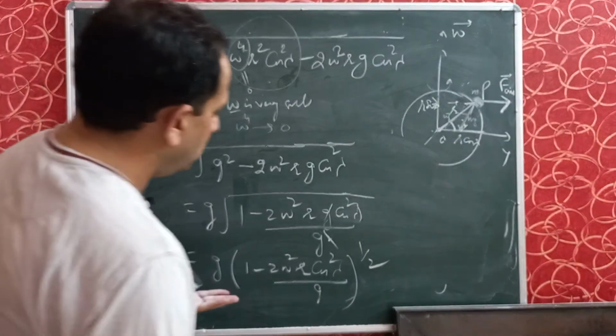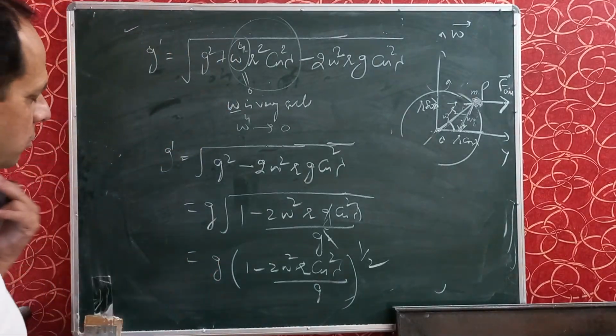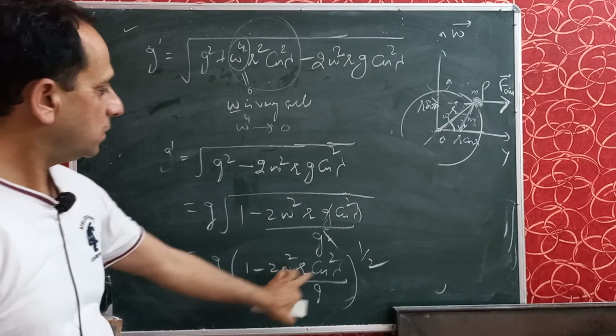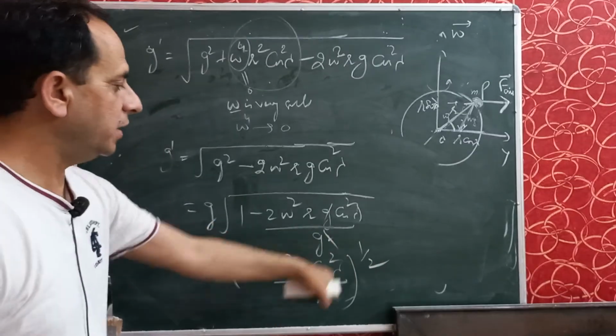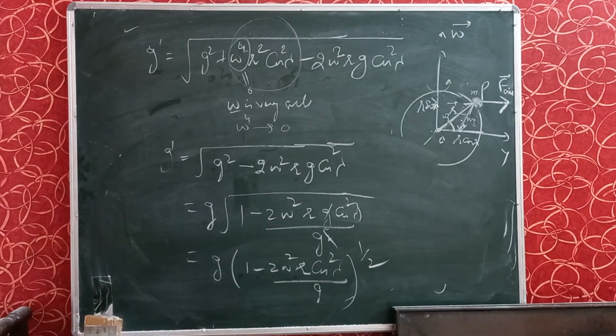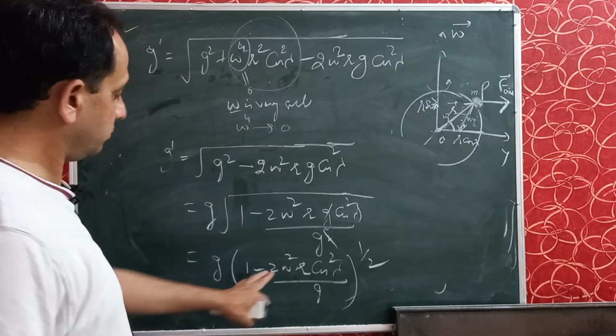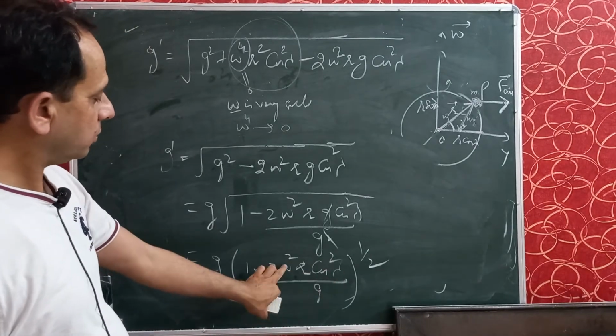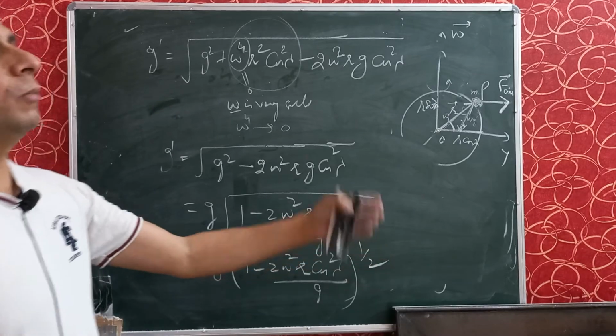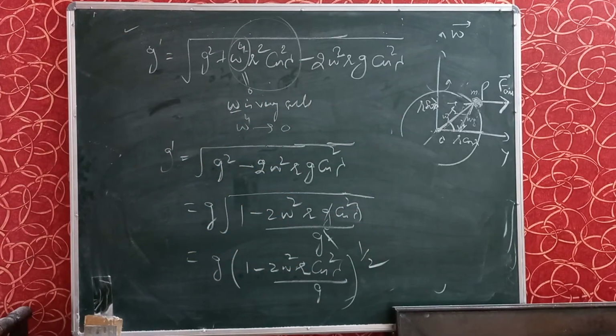And we will apply the special case of the binomial theorem, 1 minus x raised to power n is 1 minus nx. Higher terms can be neglected, because in higher terms omega square becomes omega power 4, omega power 6, omega power 8. As the power of omega increases, the value reduces to 0.